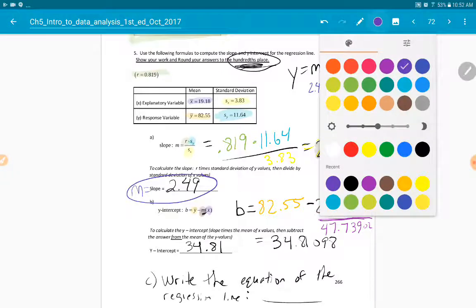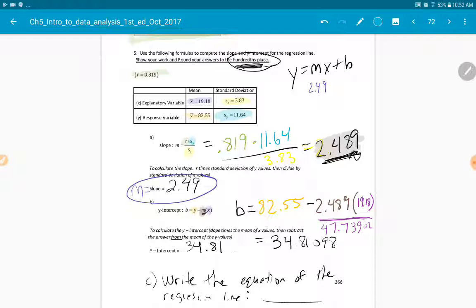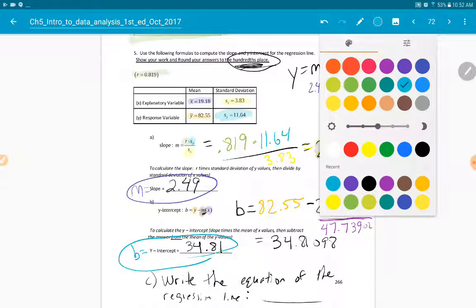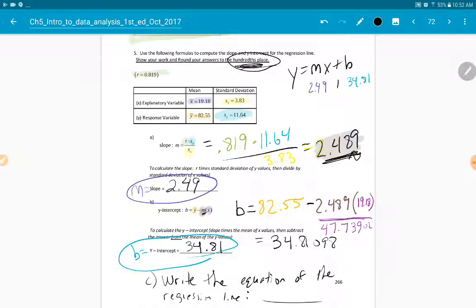And the b is the intercept. And then the x and the y are just rewritten as variables. So I get y equals, plug in the slope, and plug in the y-intercept. So I get y equals 2.49x plus 34.81.